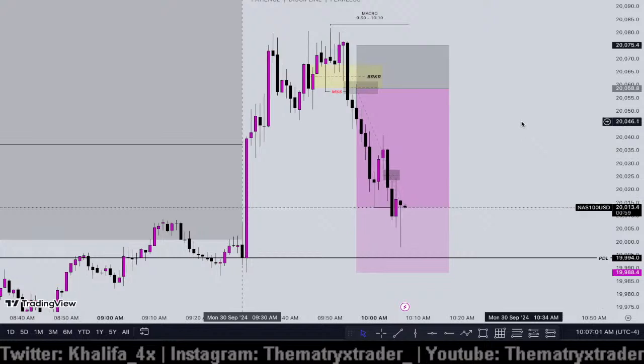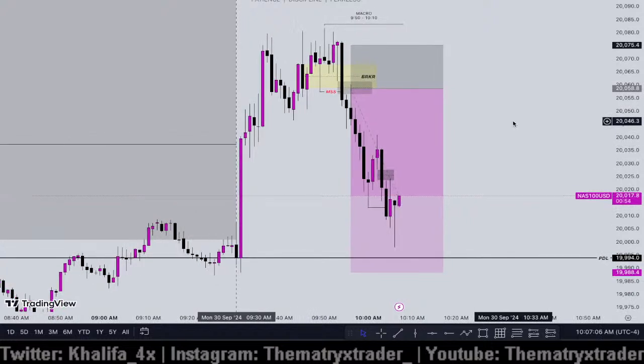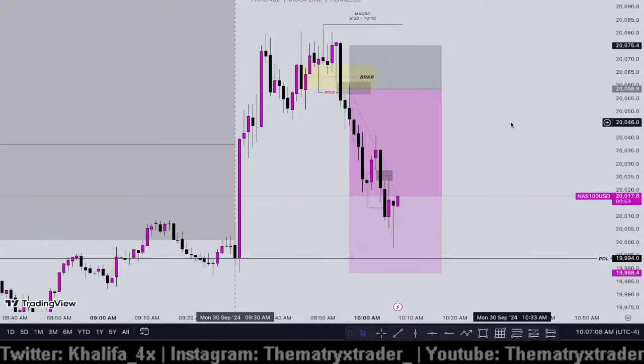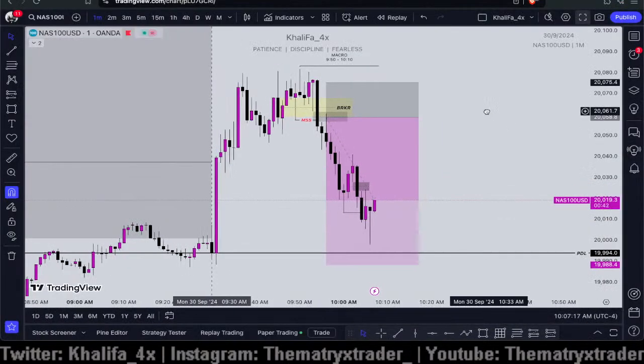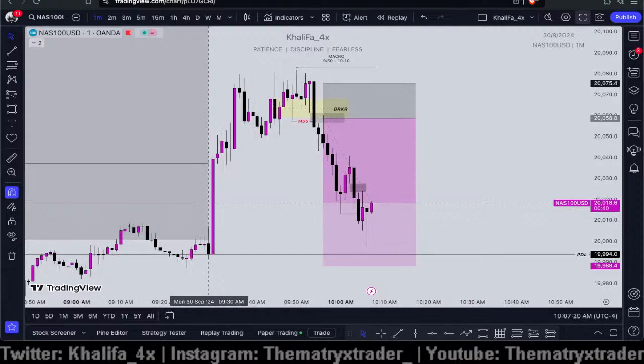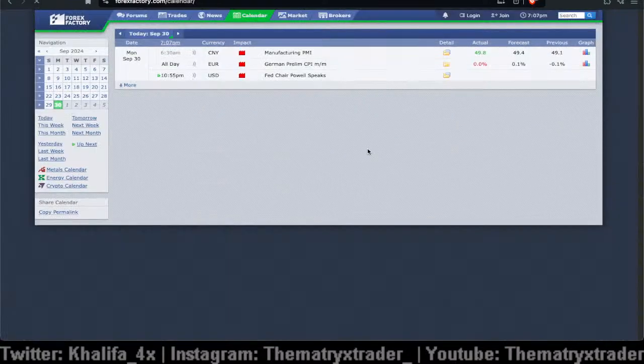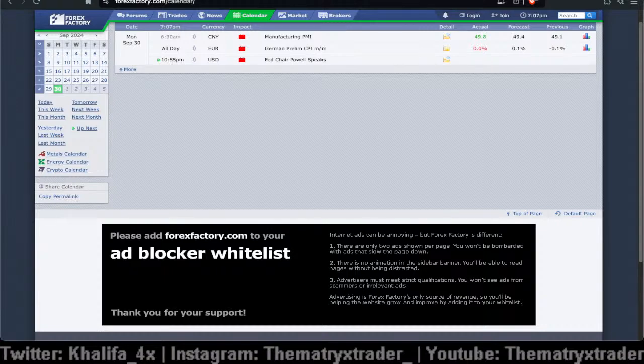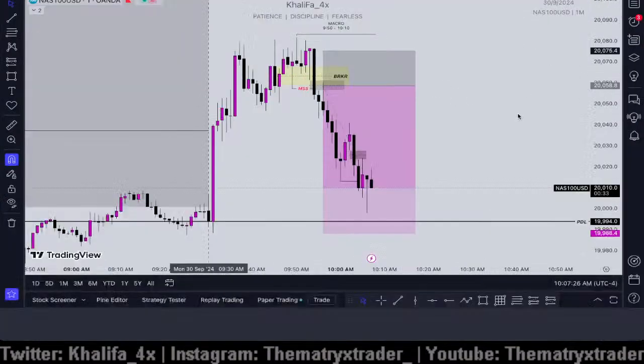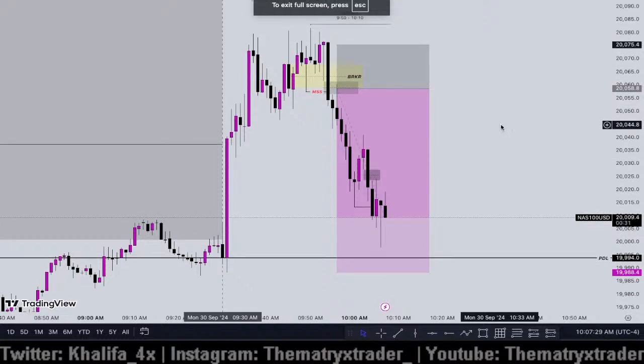All right, you can see the news still hasn't come up. I want profit screenshots, folks, in the profit section. The news is far away.